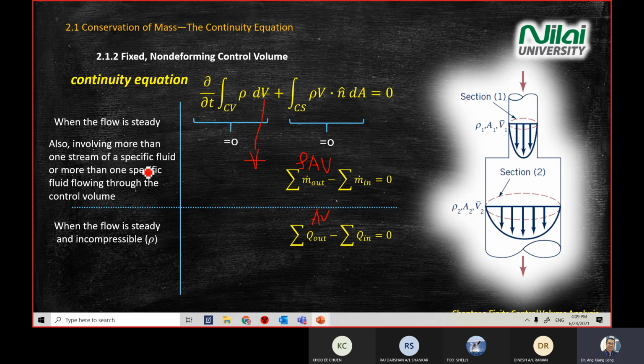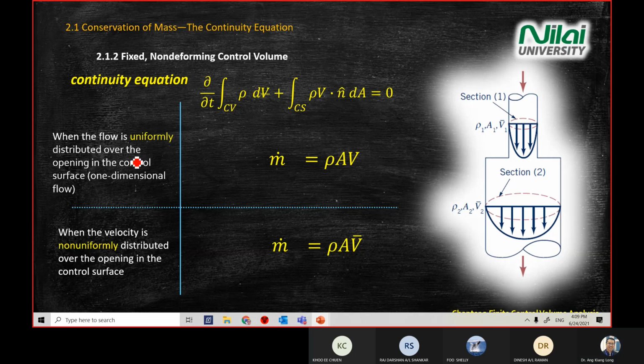If the question does not contain the word incompressible, then you use the full equation. If the question mentions that the flow is incompressible, then you can straight away write rho equals constant, and cancel the rho at both ends.